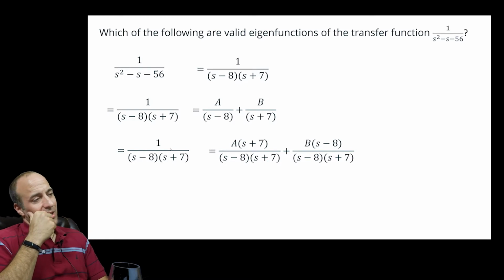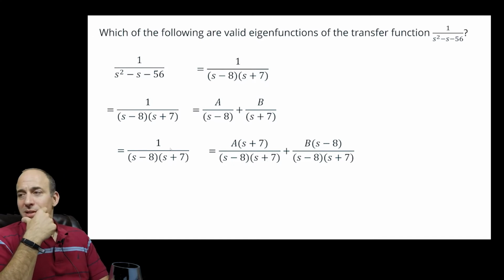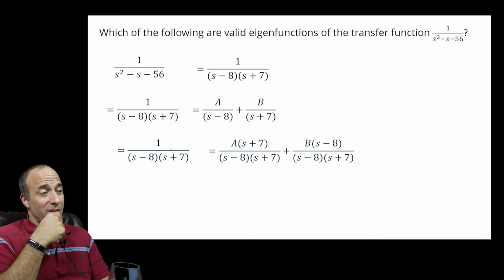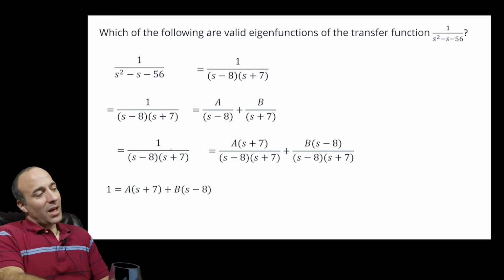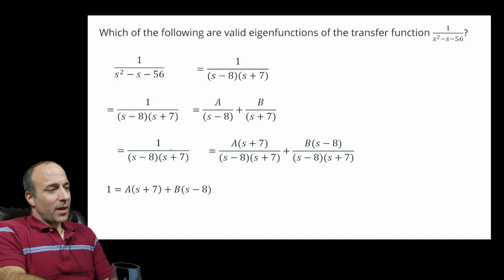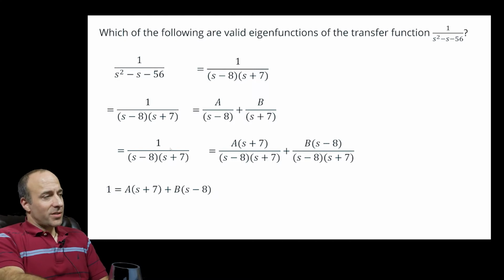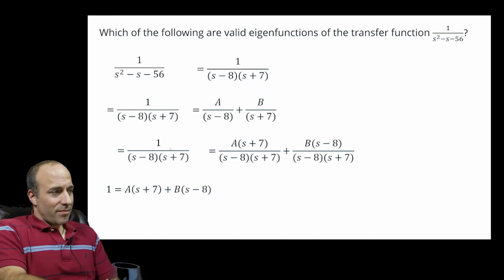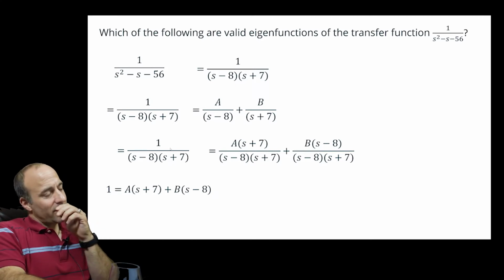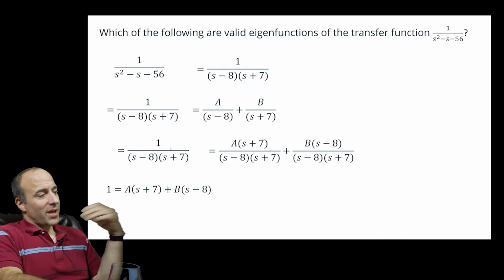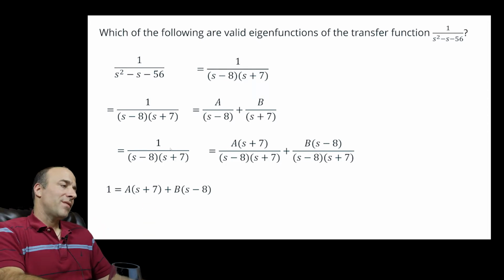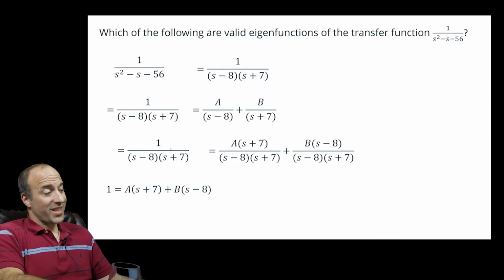And then we can create a common denominator by multiplying a times s plus 7 and b times s minus 8. This is just algebra. That allows us to eliminate all of the denominators on the left and right side of the equal sign because they're all equal. So that gives us 1 equals a times s plus 7 plus b times s minus 8.